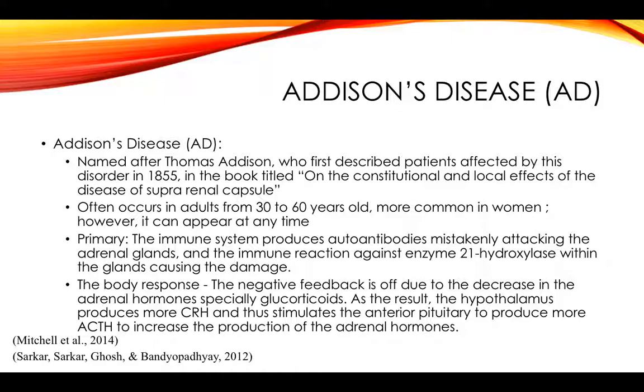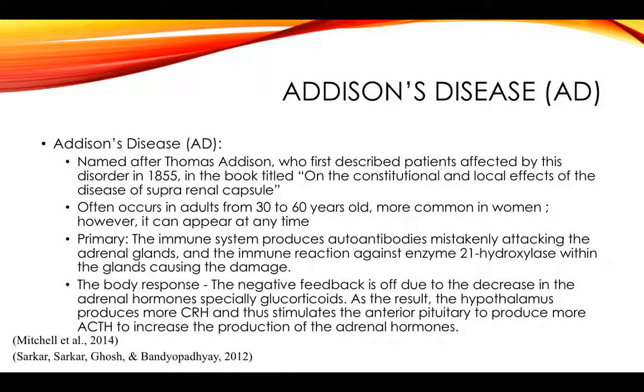However, it can appear anytime. The primary cause is that the immune system produces autoantibodies that mistakenly attack the adrenal glands. Also, within the glands, the enzyme 21 hydroxylase is also attacked, causing damage.